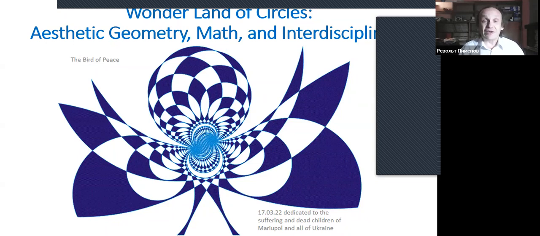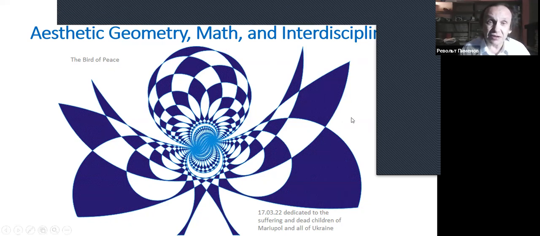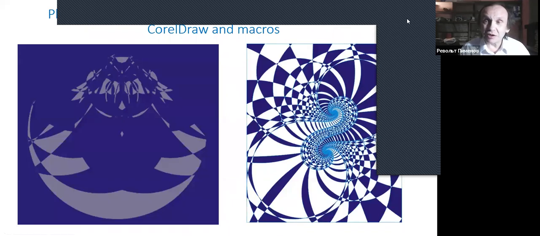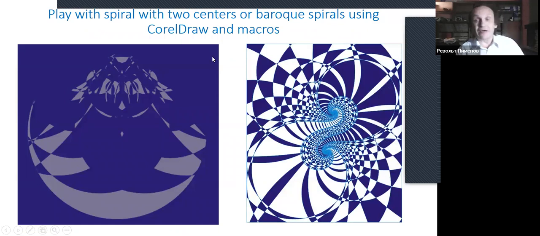Here we have the bird of peace, and it was made in CorelDRAW with the help of a composition of 4 circles. And I show the next frame. Here, on the right, we see the spiral, a Baroque spiral, that shows this composition more clearly, a composition of inversions about 4 circles.